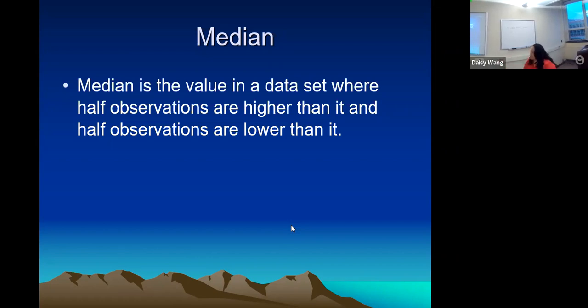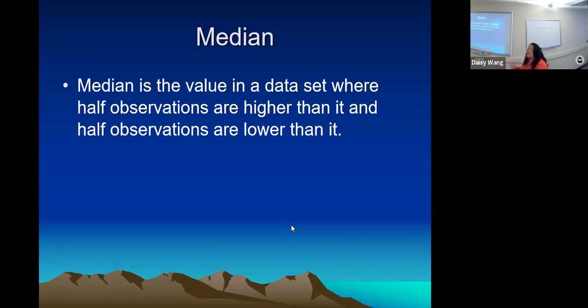We don't really need to calculate how far away the outliers are. Whatever is in the middle is closest to the center of the data. That means we just find whatever is in the middle. Half of the data would be smaller than this number, and half would be greater than this number.